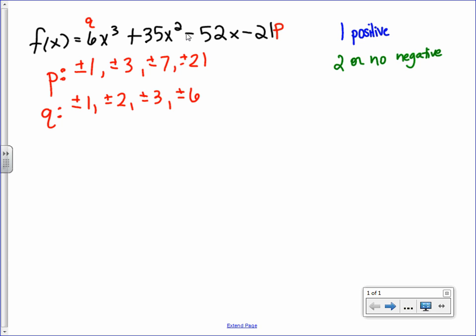Now, the P over Q. There's only about 20 of them. So all of these over 1 will be exactly the same thing. And then we have to put all of them over 2.